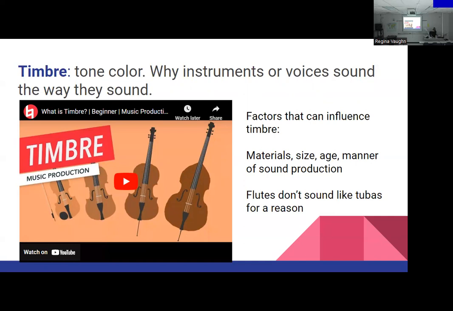Like percussion instruments, you hit or strike. Instruments like the violin, you use a bow to pull across the strings to create the vibration. Flutes don't sound like tubas for a reason, okay? Flutes are very small, tubas are very big, so even though they're both made of metal, they're not going to sound the same because of timbre.